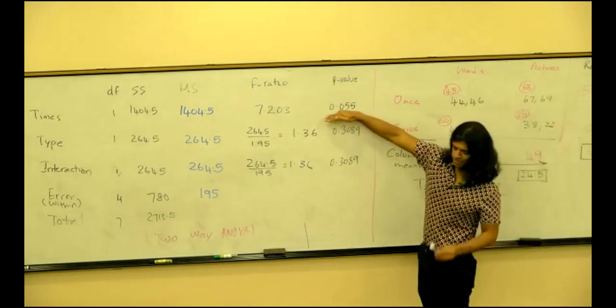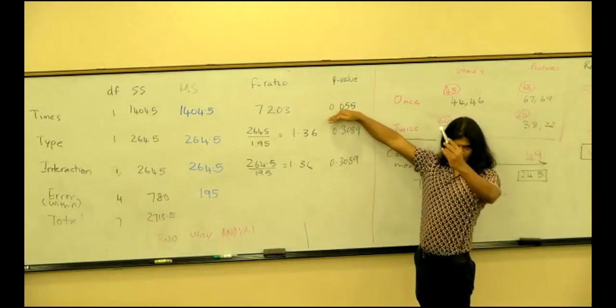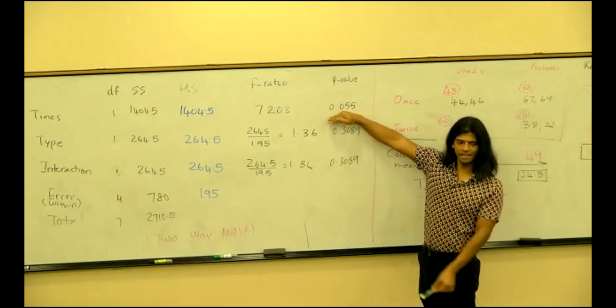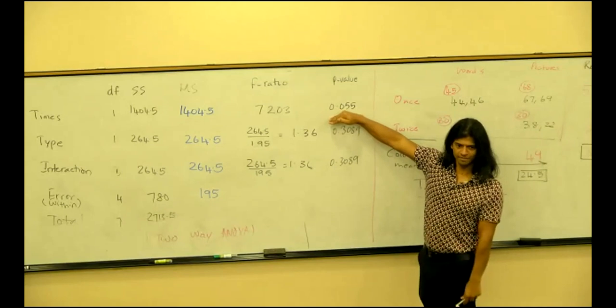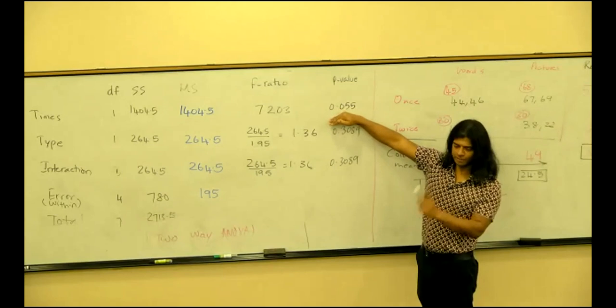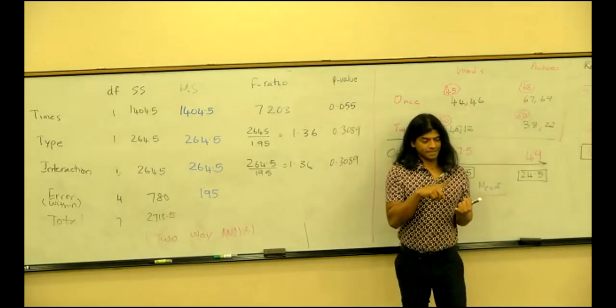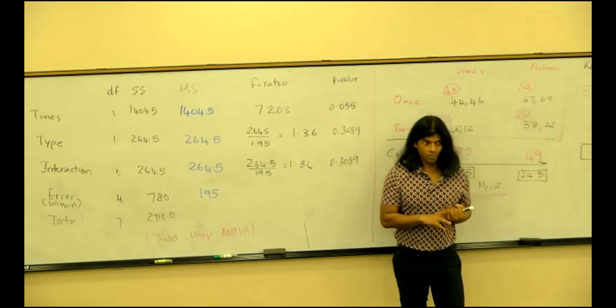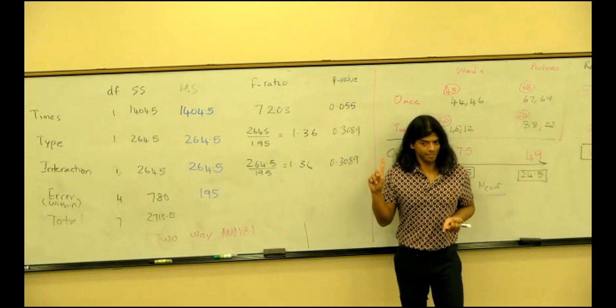So we go over to times. That is our row factor, once or twice. The p-value is 0.055. Should we reject the null? No. If you don't reject the null, are we concluding that there is an effect or there is no effect? Keep in mind, null means nothing.